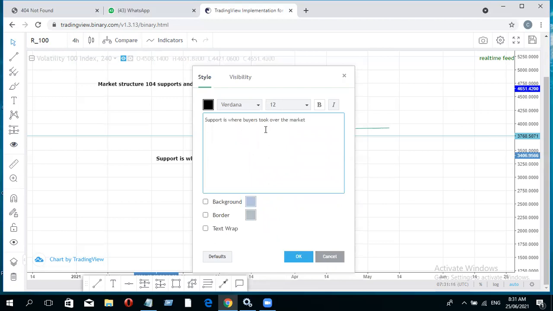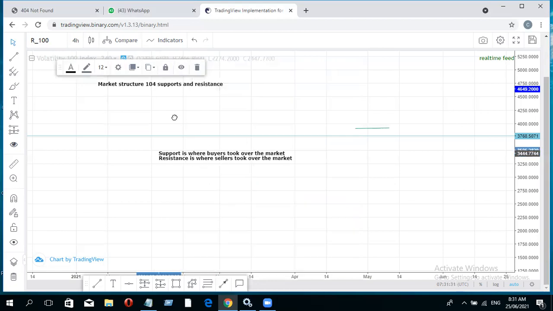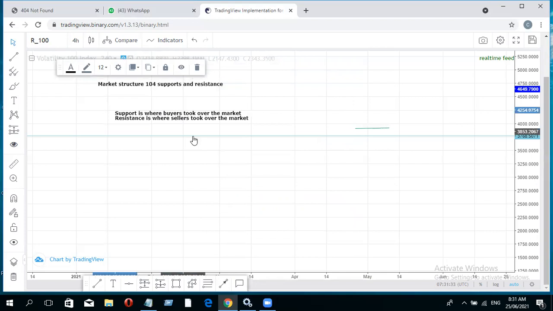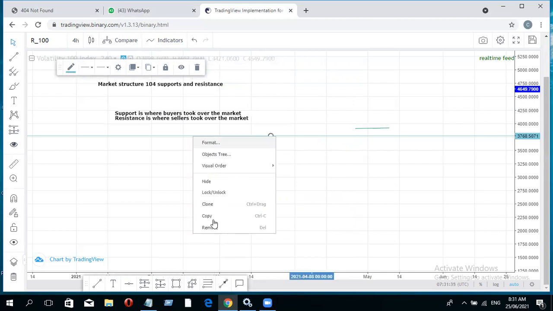Resistance is where sellers took over the market. So this is a simple definition of support and resistance. The support is where the buyers took over the market, and the resistance is where the sellers took over the market.